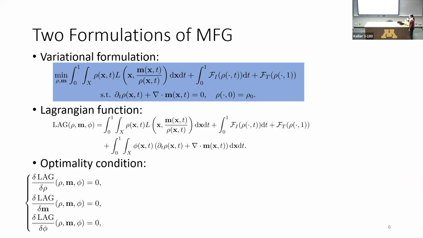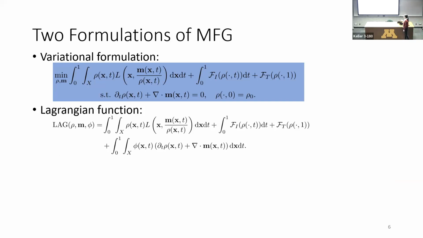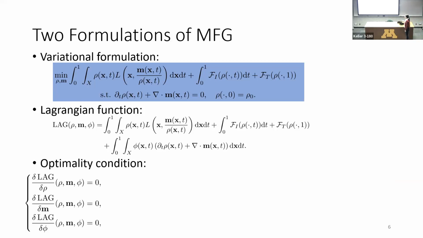So to take a closer look at these two formulations, let's see why they are related. You first write down the variational formulation and write down the Lagrangian function of this optimization problem.